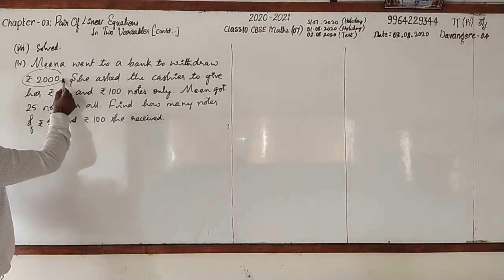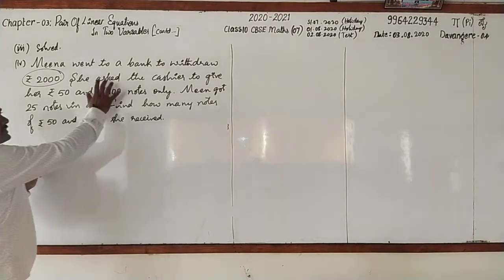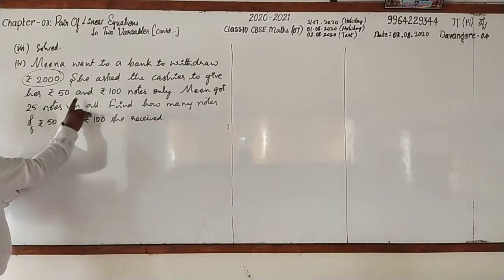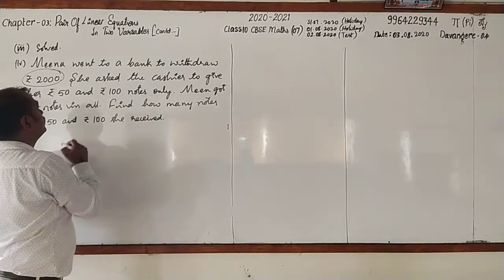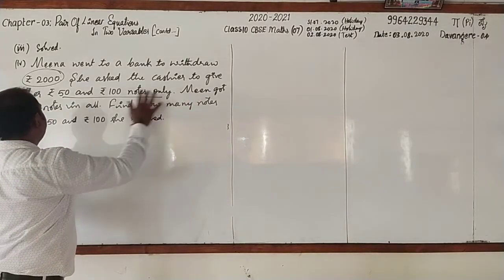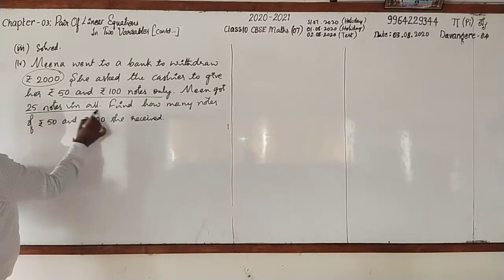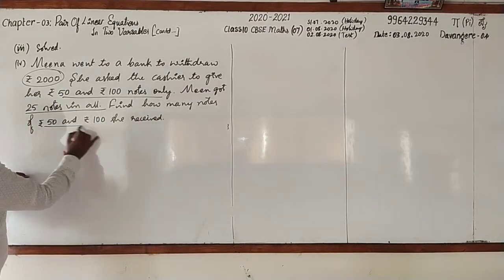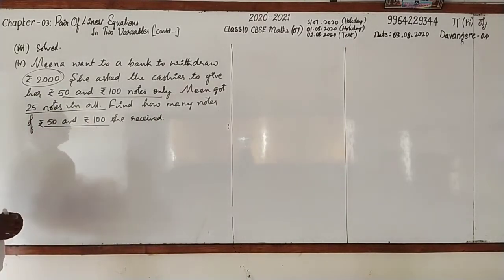She asked the cashier to give her rupees 50 and rupees 100 notes only. Meena got 25 notes in all. Find how many notes of 50 and 100 she received.